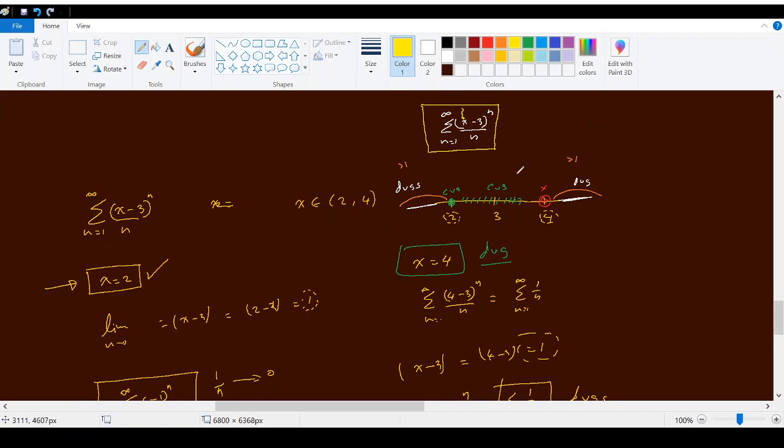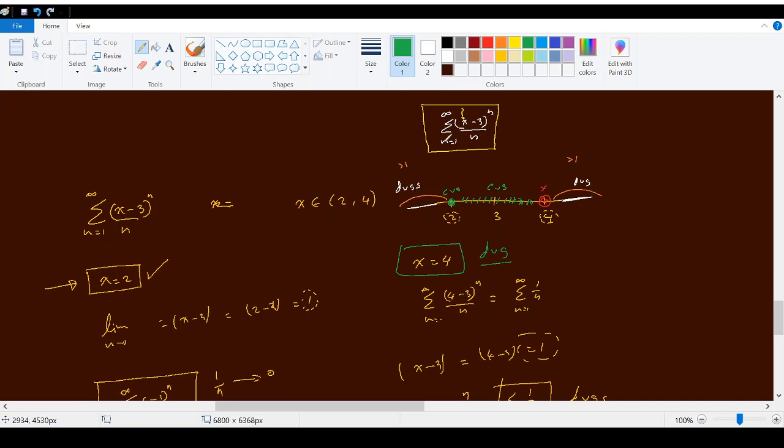Right? And we already have the tools to find the values of x that this series converges and the values of x that the series diverges. And there is kind of a theorem to precisely state this statement for the convergence or the divergence.